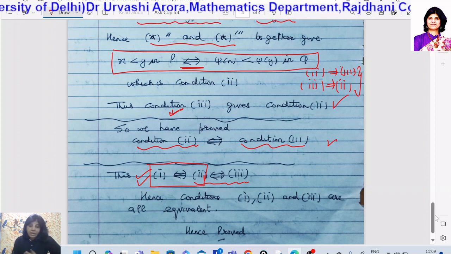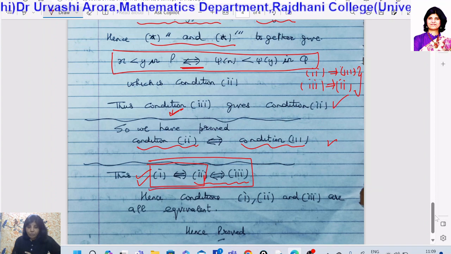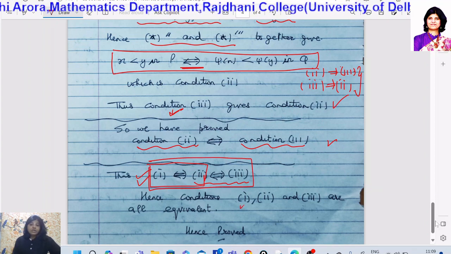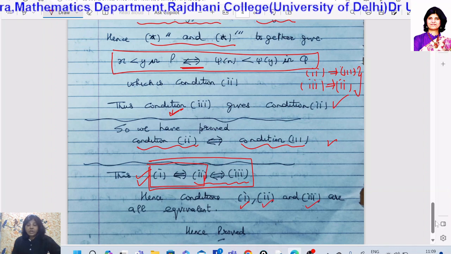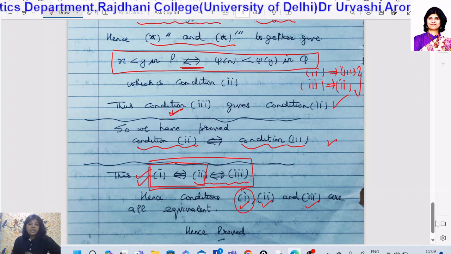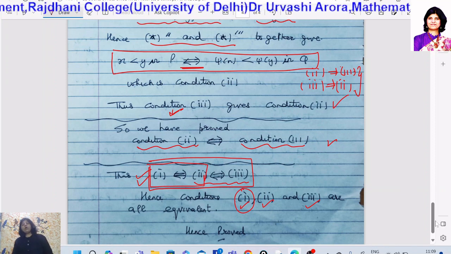So if you combine the two results together and write the whole proof as one, we get the proof of result 2, which means that condition 1, condition 2 and condition 3, all three are equivalent. If any one of them is given, the other two will automatically hold.